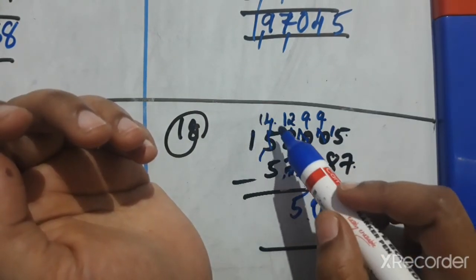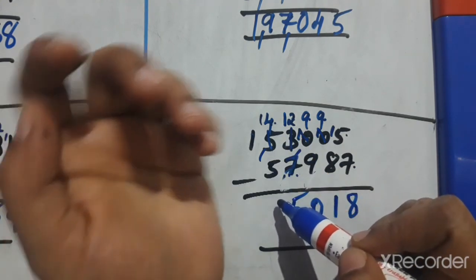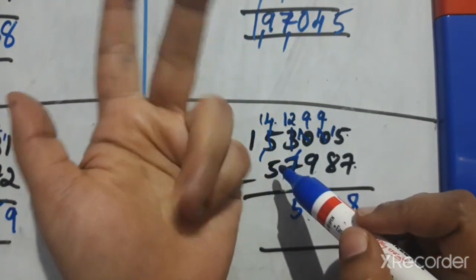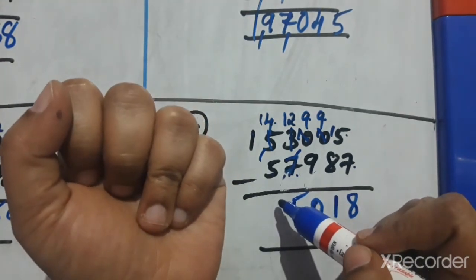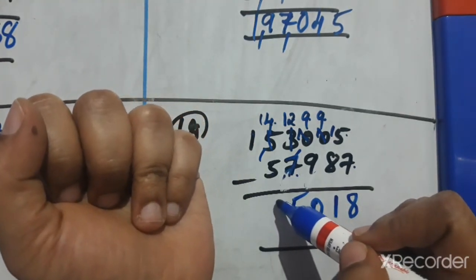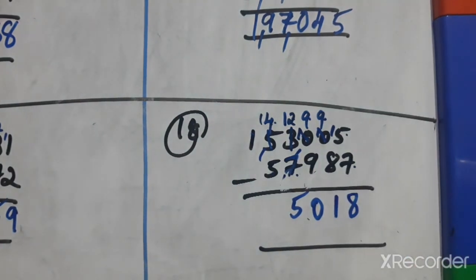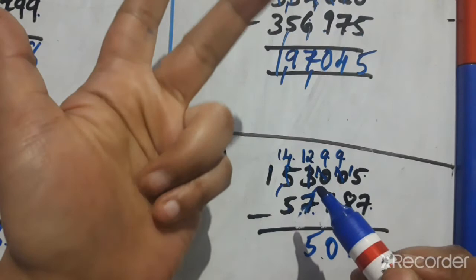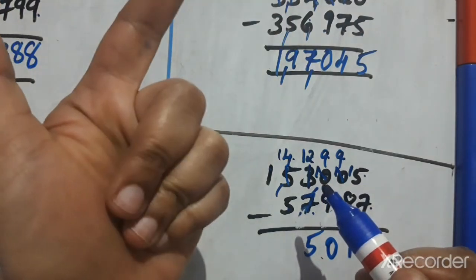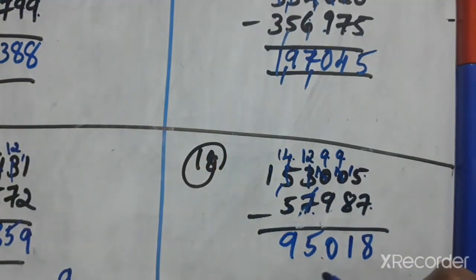So here 14. Okay, so 14 minus 5 means 6, 7, 8, 9, 10, 11, 12, 13, 14. So how much? 9. Answer is 95,018.